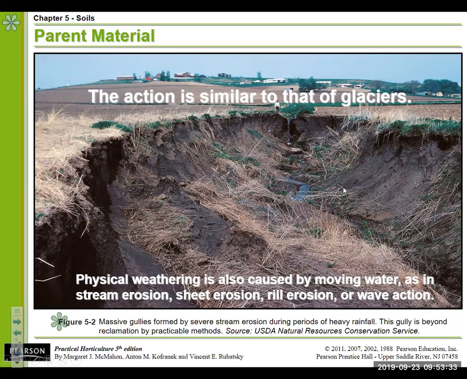We also have sheet erosion, which is after the soil is saturated, when it starts to just run off. The soil can no longer hold water, so it's running off as an entire sheet. That can move a lot of soil too. Rill erosion is smaller channels. And then wave action is also happening from really large events of heavy rainfall.